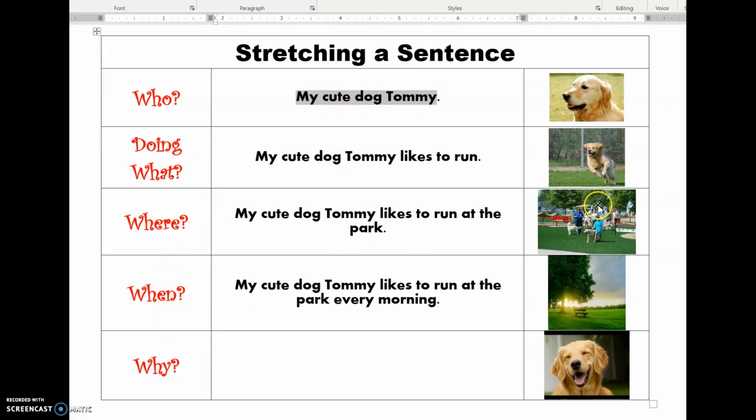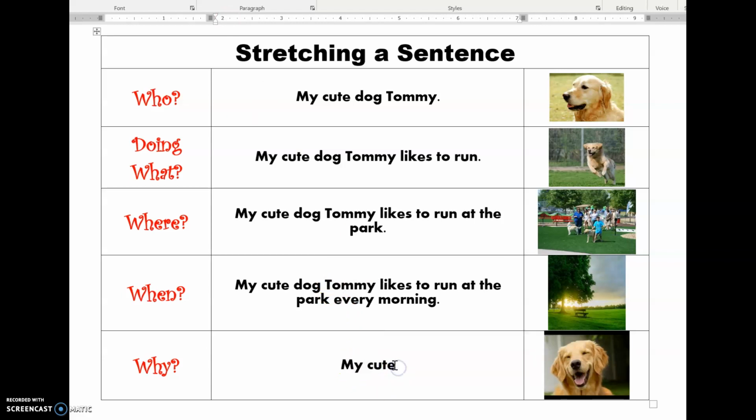Very nice. So you see how we had this one simple sentence and we kept stretching it by asking these questions and by making images or answering those questions in our head. So now for the last question, it says why? Why does Tommy like to run every morning? Okay, so I'm going to say my cute, let me just change this font so it matches everything.